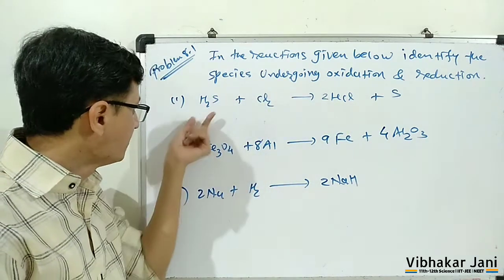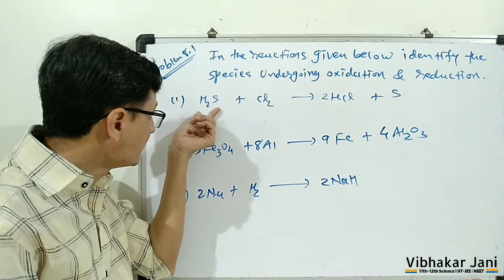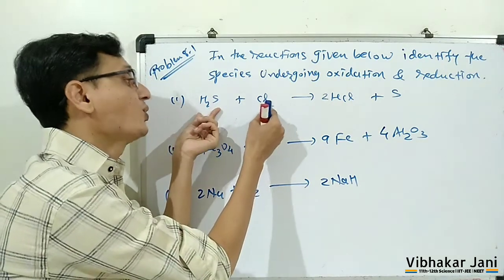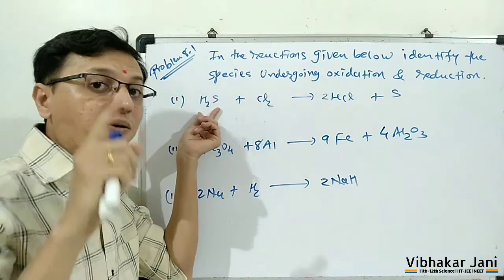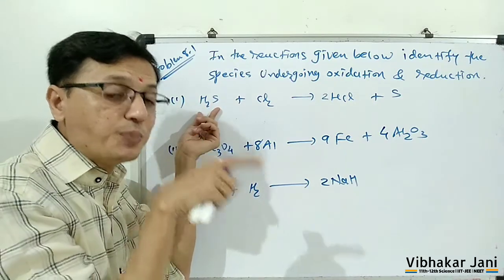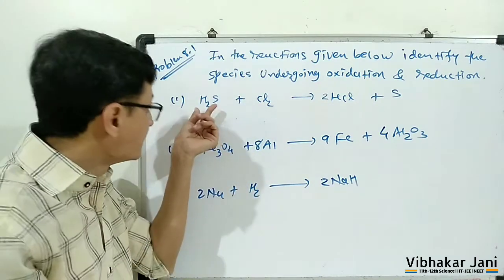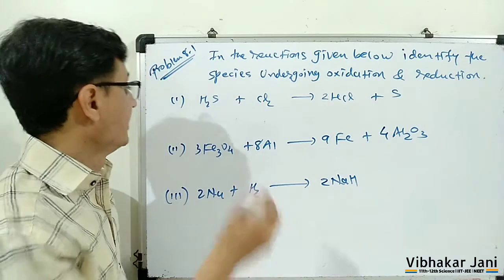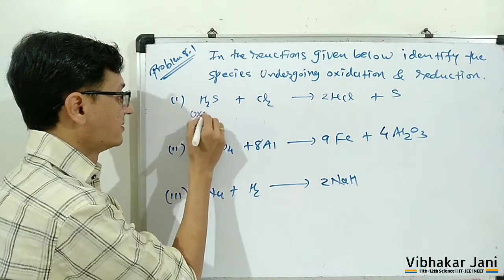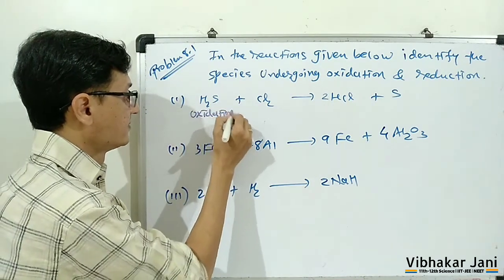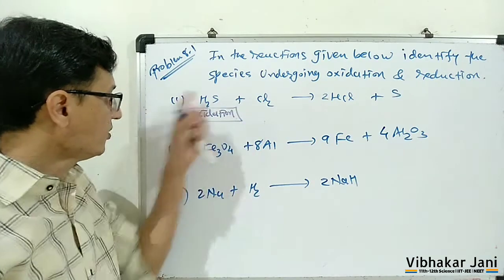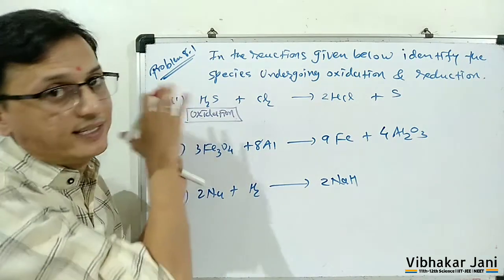So in that condition, we can say this substance is reacting with an electronegative species, and when an electronegative species comes, the substance undergoes oxidation. So oxidation of H2S is occurring in this reaction.